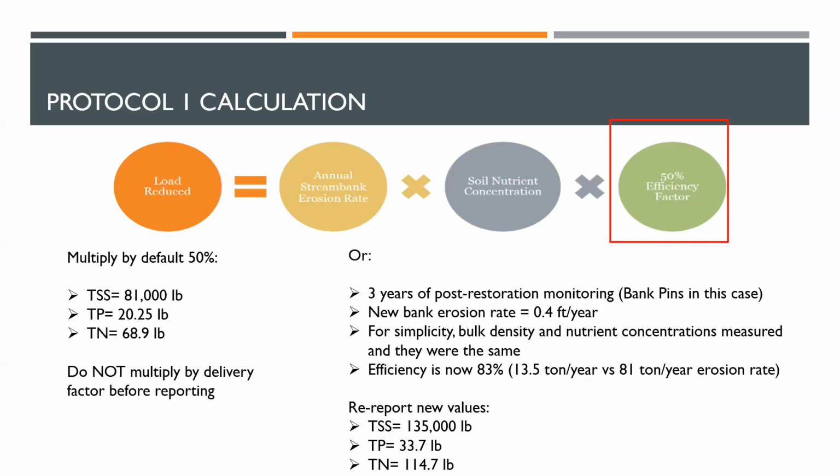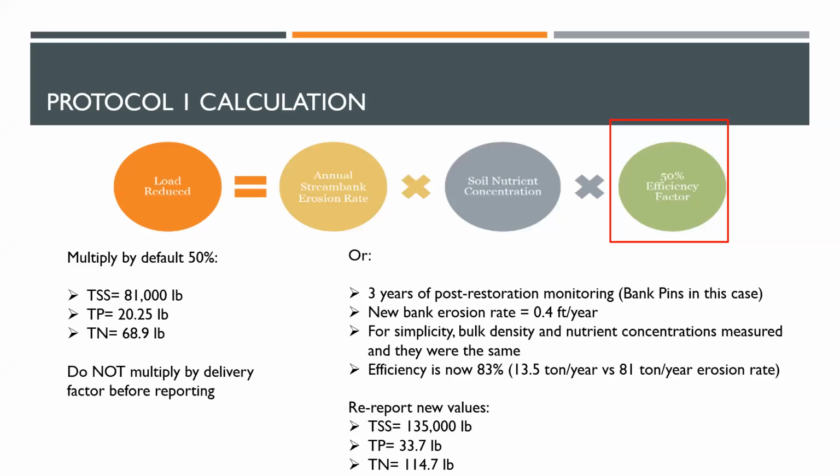CAST handles that for you within the model. You are still experiencing sediment delivery reductions as it makes its way from your project site to the bay, but you don't have to do that step in the calculation. So these would be the pounds that you would report for credit.